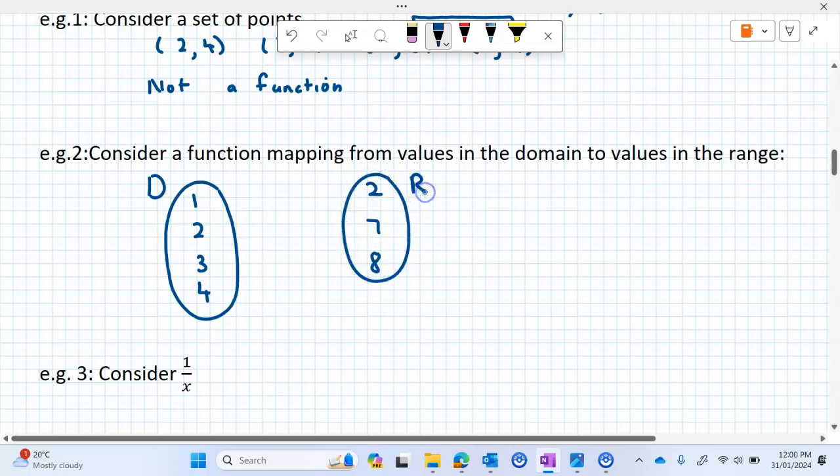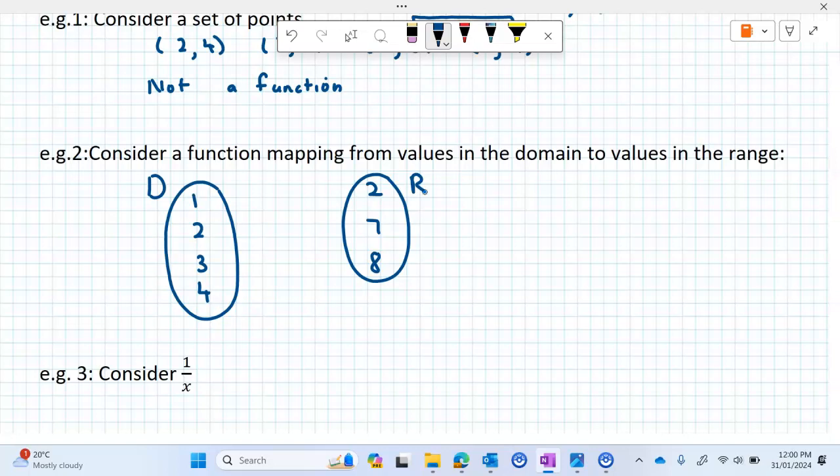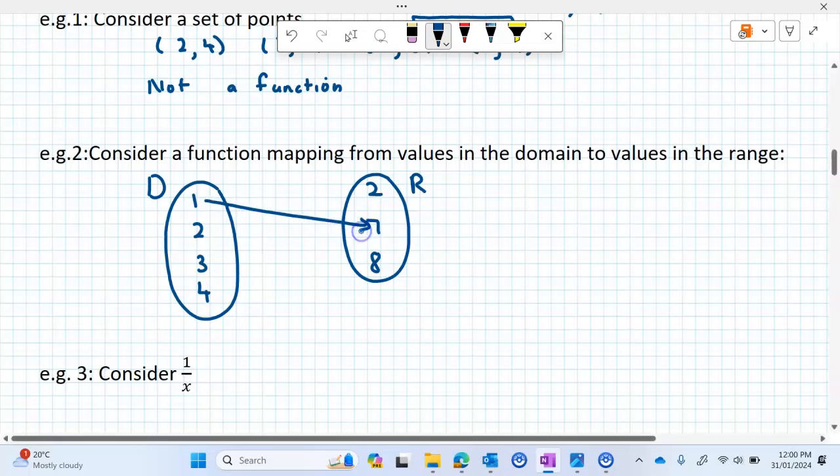We could draw values in the domain and their associated values in the range. For example, 1 might map to 7, so the associated value of 1 in the range is 7. 2 might map to 2, so there 2 is the associated value of 2, and 3 might map to 8.